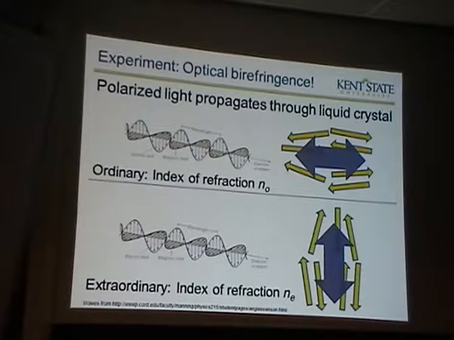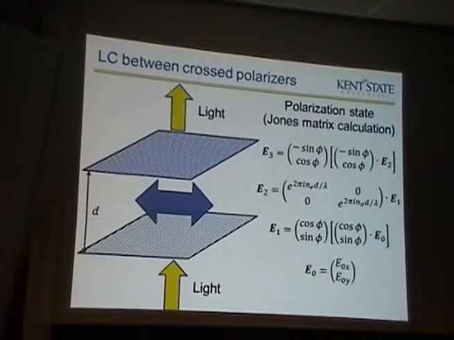So these now have different indices of refraction, in other words, different speeds of light, depending on the polarization, for light coming in with these different orientations with respect to the director. So that has major consequences for what you see when you shine light through a liquid crystal.